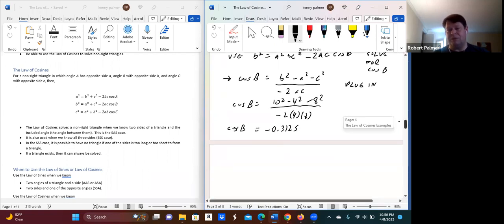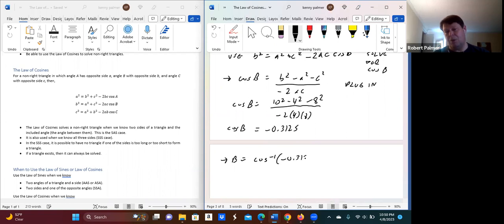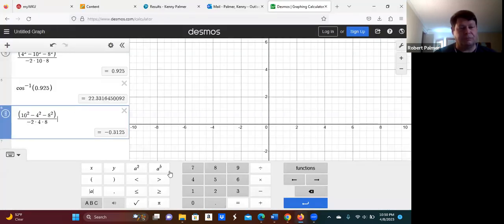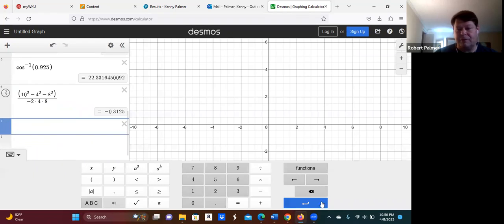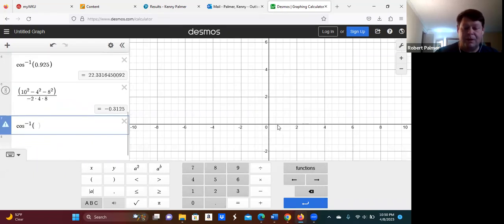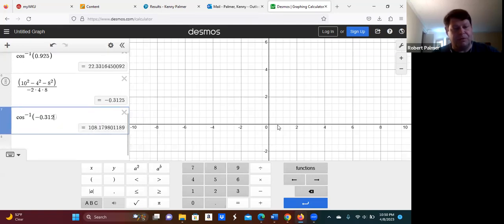Okay, so once again, take the inverse cosine of both sides. That means angle B is equal then to the inverse cosine of that. Let's do that on the next line. So then go to functions, inverse cosine of negative 0.3125.